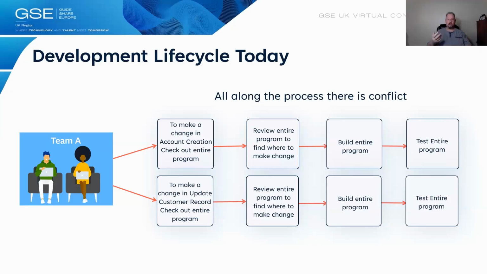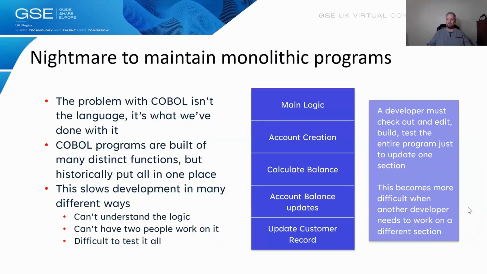Team A has a large monolithic program to deal with. You have different capabilities built into this one single monolithic program: account creation, calculate your balance, account balance updates, update customer records for a bank or a financial institution.